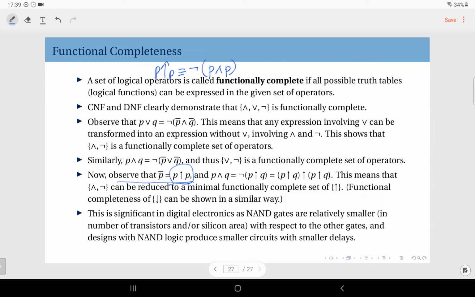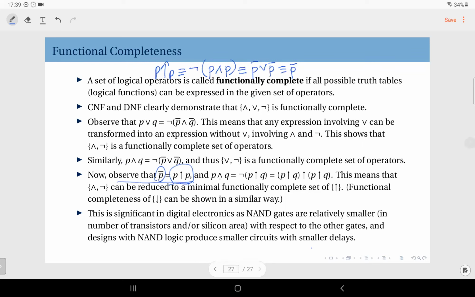And when you negate it, what you get, according to De Morgan's law, is not P or not P, and that is essentially equivalent to not P. So if you NAND a proposition with itself, you get its negation. So NAND can provide negation by itself.